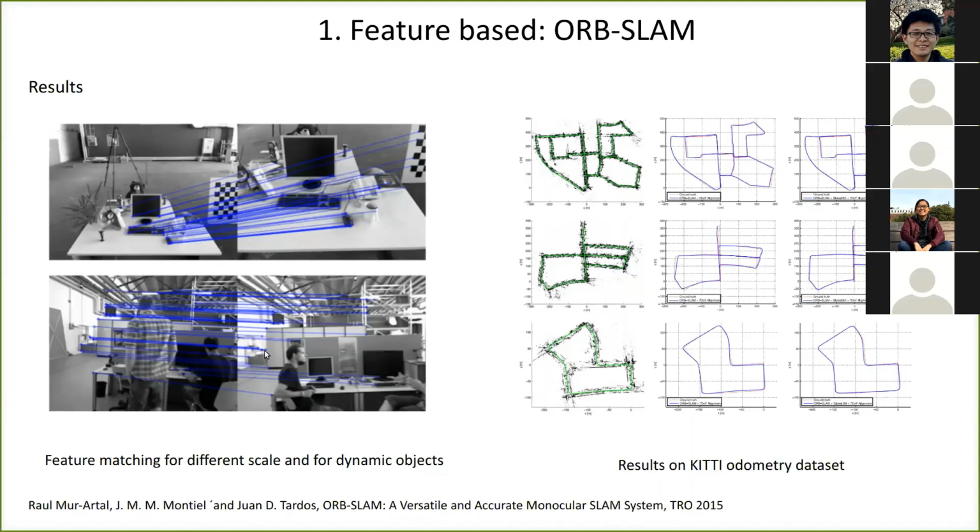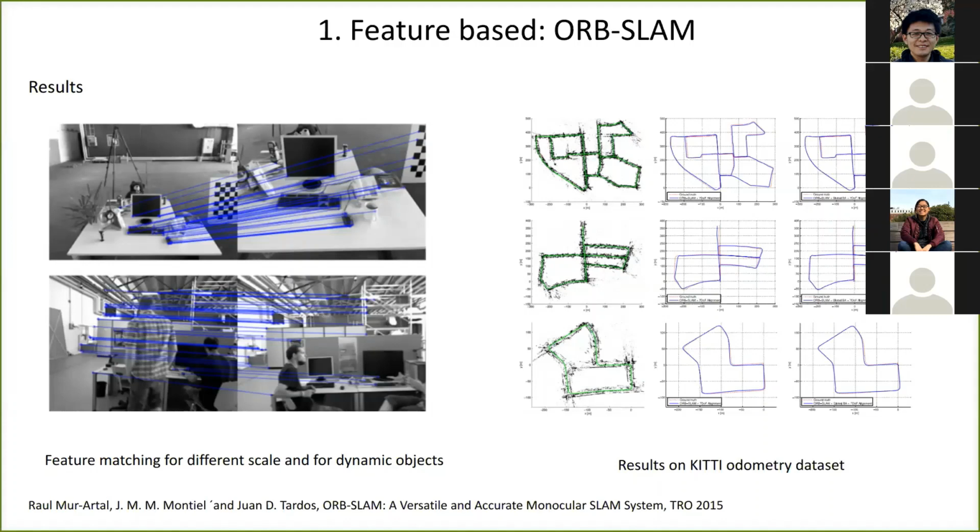Or even when there are dynamic objects, such as a person walking from here to here, these dynamic objects bring a lot of outliers to the matching. But because of the use of RANSAC, we can reduce the effect of these moving objects, of the outliers.